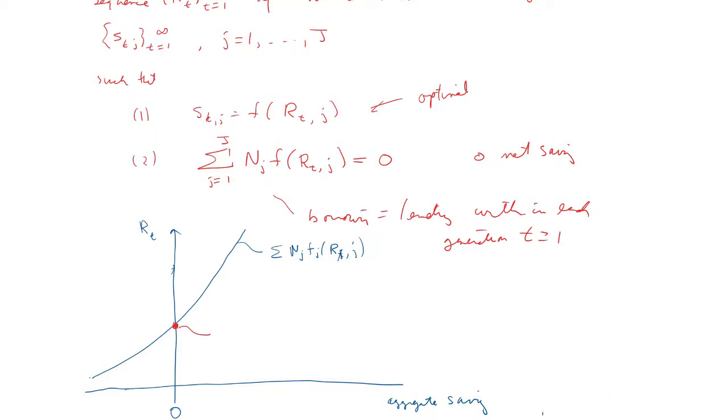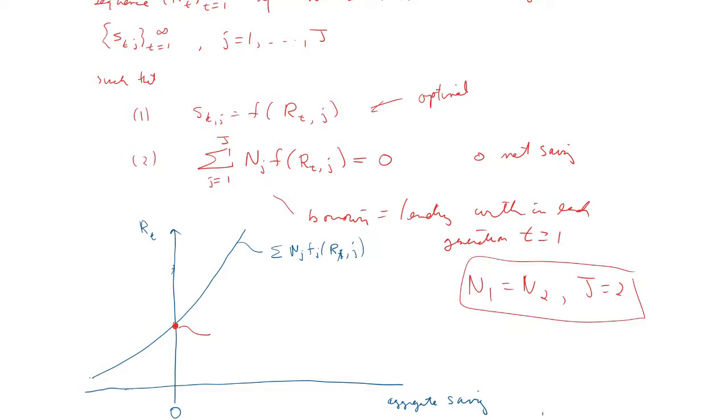Okay, and the way we've set this up with our little economy with alpha, let's say n1 equals n2, j equals 2, that would be my example.